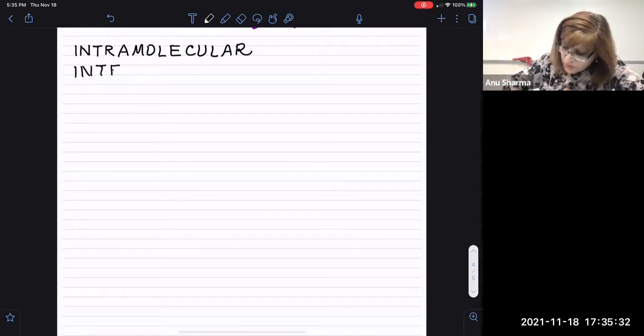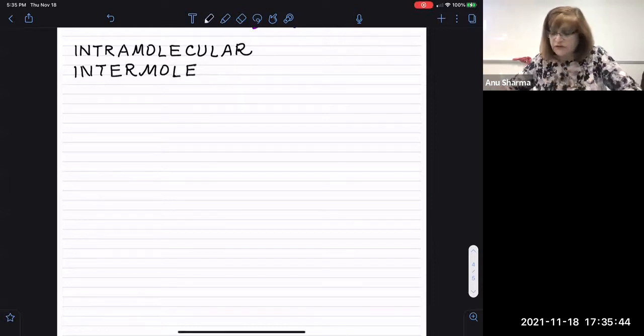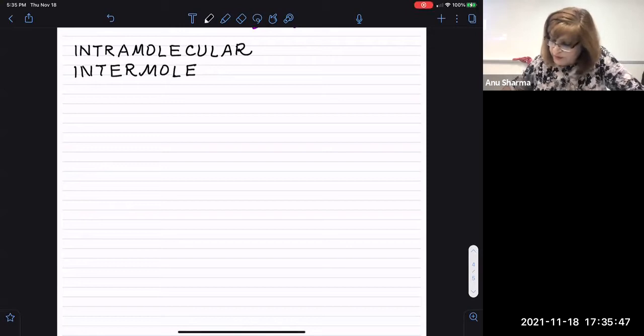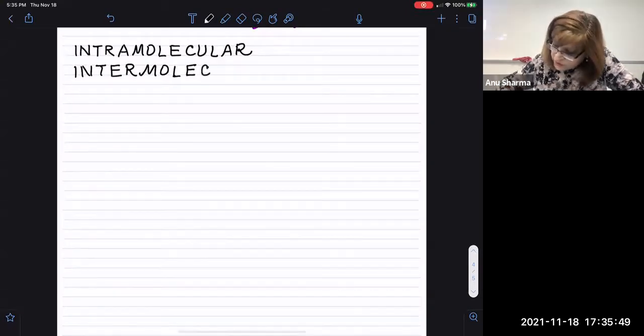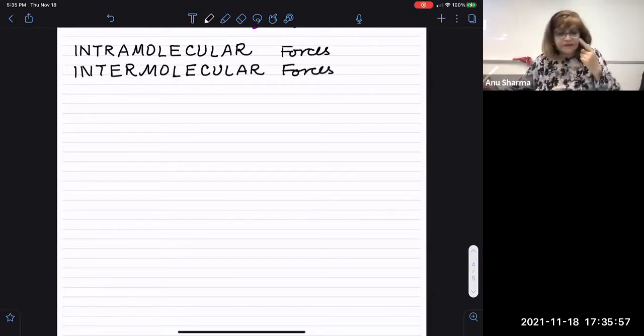We cannot see these atoms and molecules, but we have to make deductions and conclusions from these experiments. So these are the two forces that exist in the substances, intramolecular and intermolecular forces.